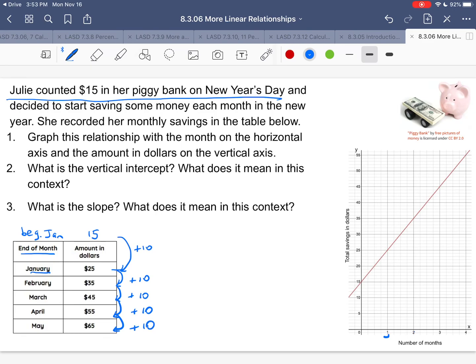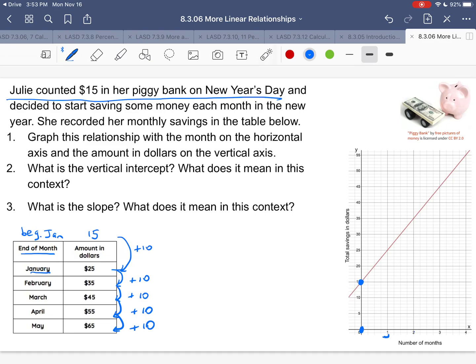So we're asked to graph this. I've graphed it to save some time, and let's talk through the graph. Before any month has passed, she will start off here, having counted the money in her piggy bank on the very first of the year, and she has $15. And so that will be the first point.